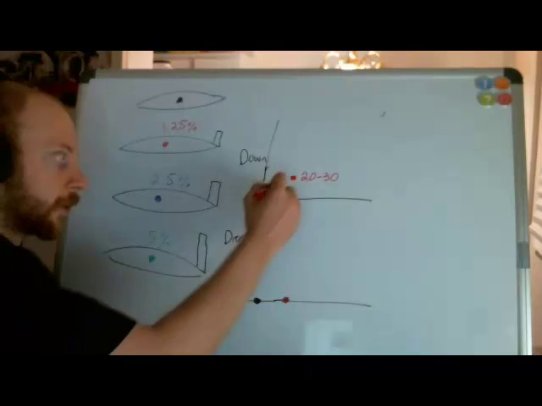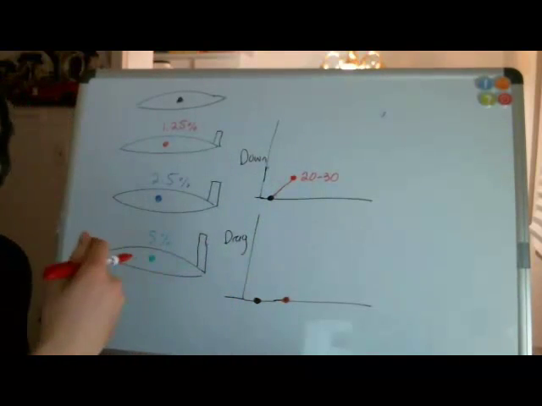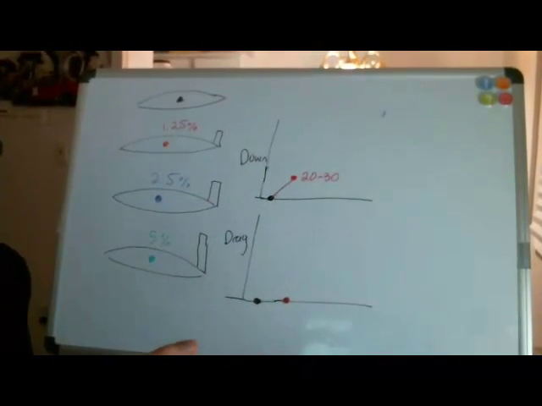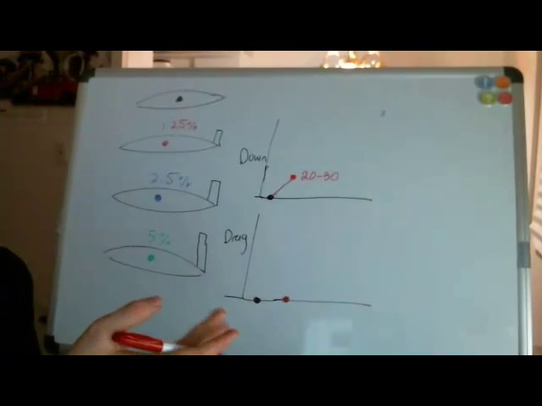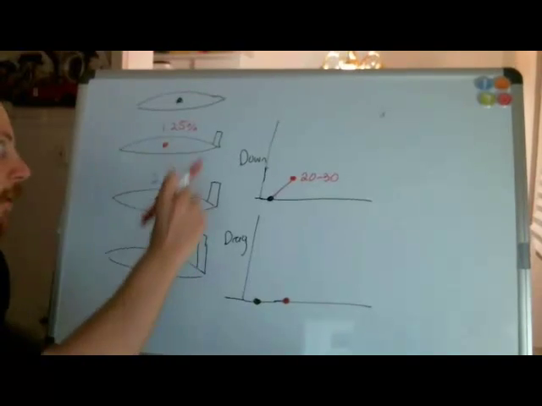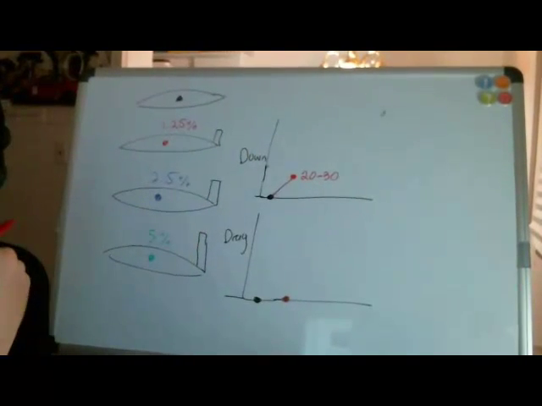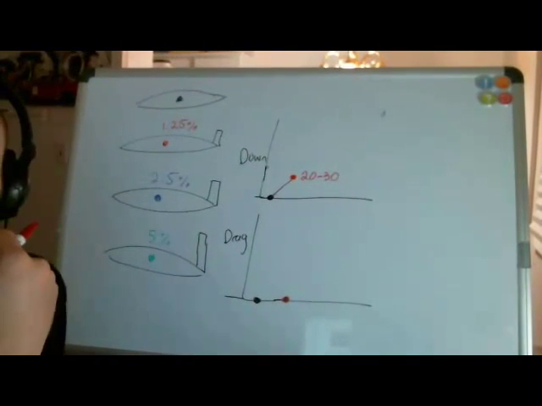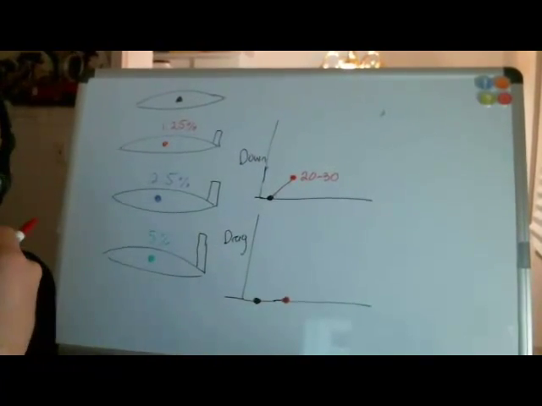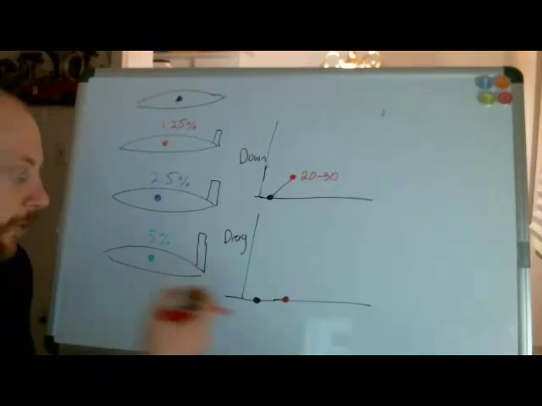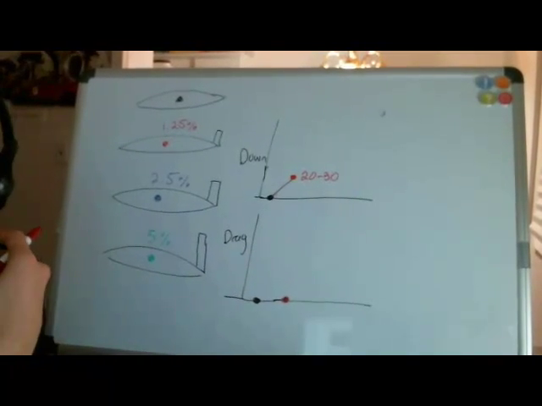So basically what they found is that you get 20 to 30% more downforce with no negative effect. This is wonderful. I mean, you could slap a little piece of metal on the rear wing of your car and get 20 to 30% more downforce, which is the reason why you put a wing on your car anyway. And there's no drag penalty.